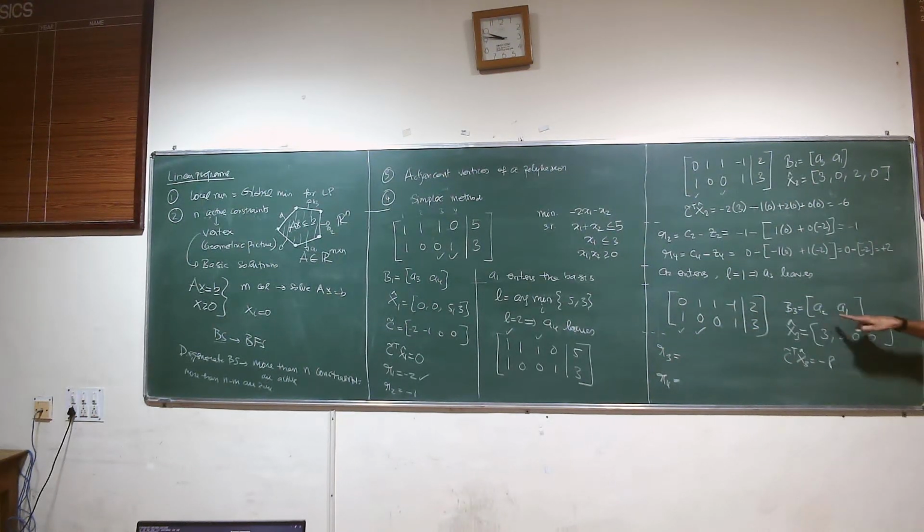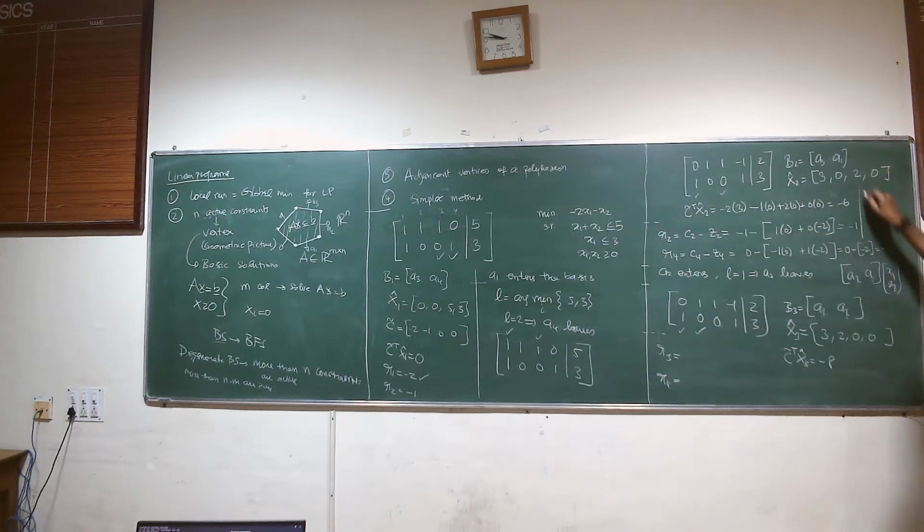The reason I've written it like this is because then this is the identity matrix. So all I'm saying is solve this with A2, A1, but the variables corresponding to A2 and A1 would be X2, X1. Then this will be A1, A2, and this will be X1, X2.